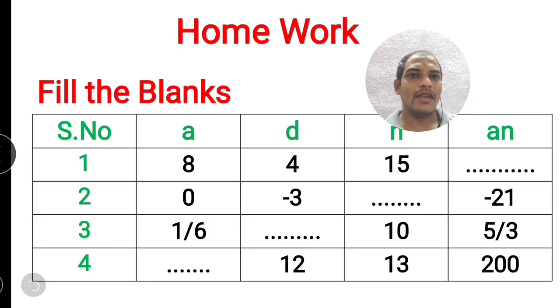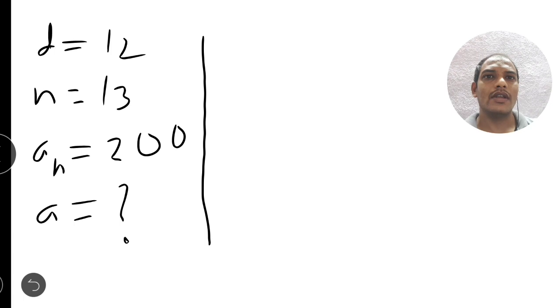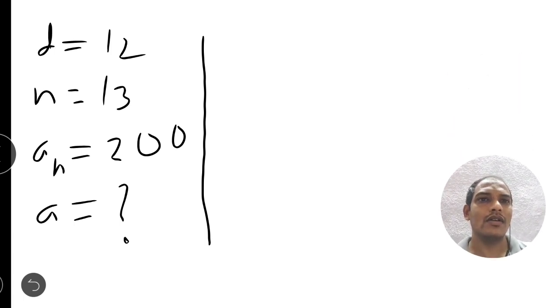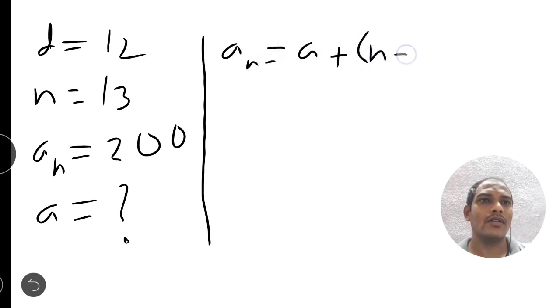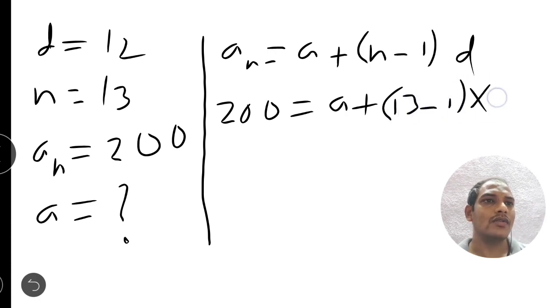Next, fourth problem. a value required, then d value 12, n value 13, a n value 200. So here d 12, n 13, a n 200, then a equals question mark. So a n equals a plus n minus 1 into d. Substitute all the given values. A n equals 200, equals a value required plus n value 13 minus 1 into d value 12.